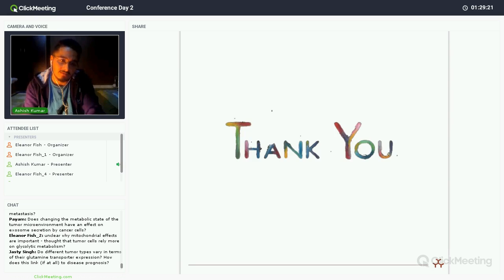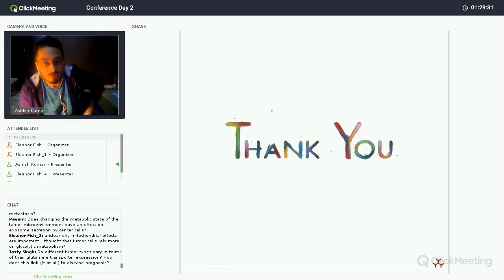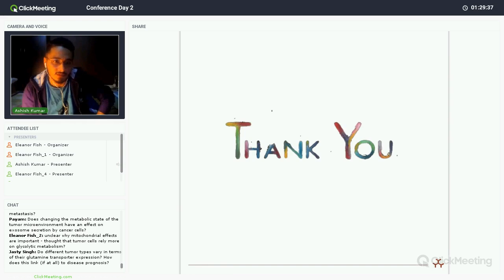So it was an earlier notion that glucose or glycolytic metabolism is essential. Now, if you are talking about chemo resistance or cancer cell survival, then there are other metabolites which are essential to consider.